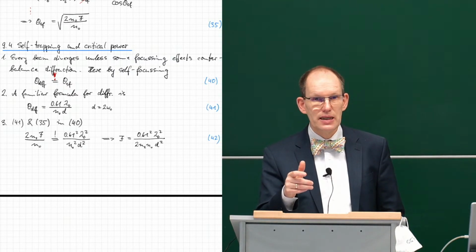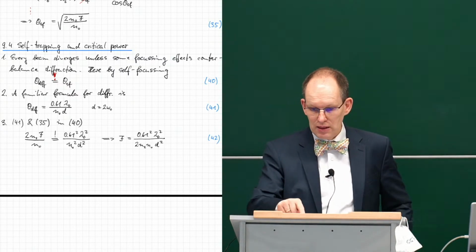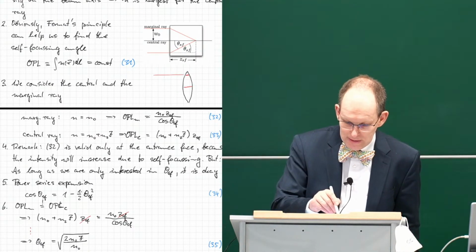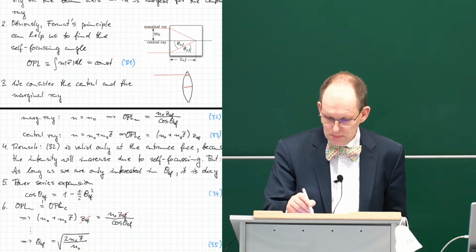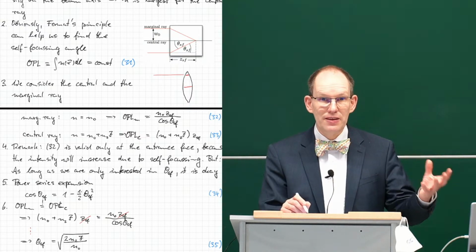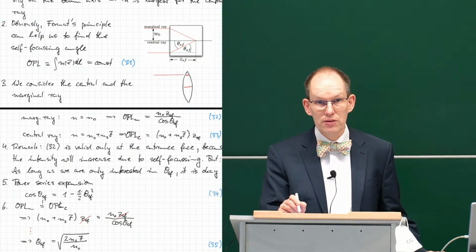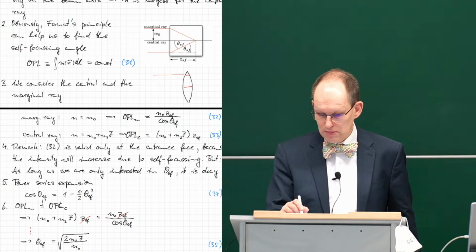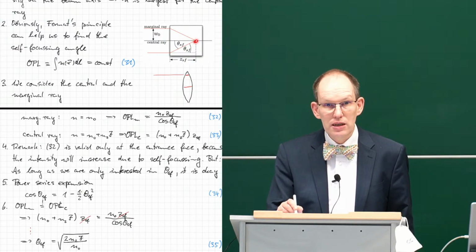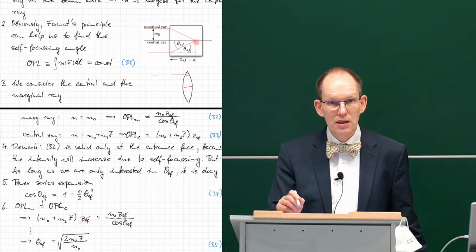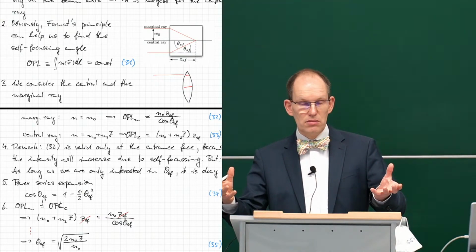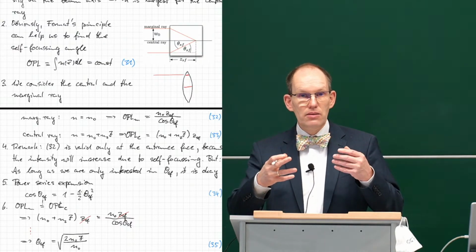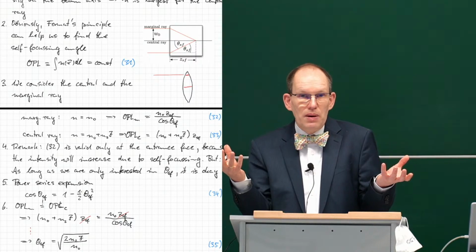We didn't say something about the self-focusing distance. Yeah, so the self-focusing power, so the fact whether or not self-focusing happens, is a completely different question from the question where the beam will collapse. Yeah? So if you want to avoid the beam collapsing, then you simply need to expand your beam.